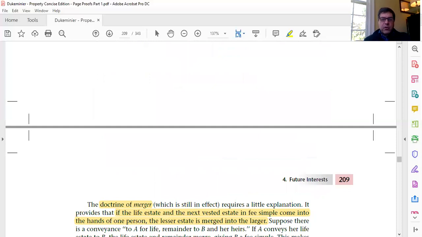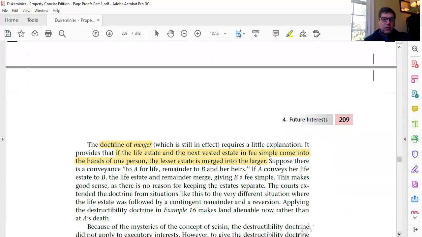Now, over on page 209, they talk about a related doctrine, the doctrine of merger, which says that if the life estate and the next vested estate in fee simple come into the hands of one person, the lesser estate is merged into the larger.